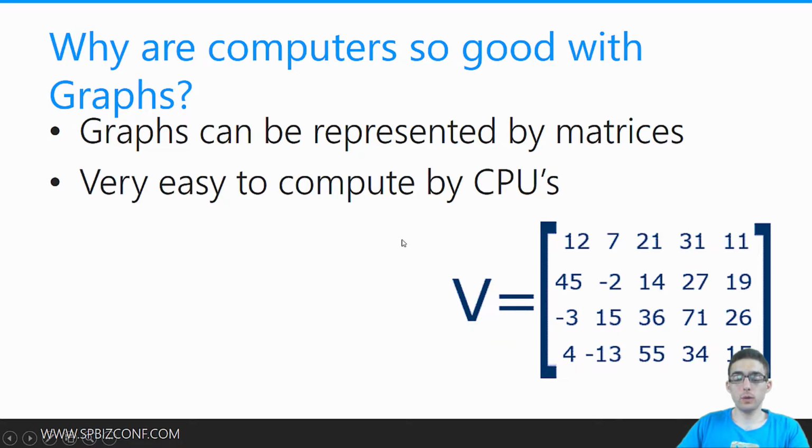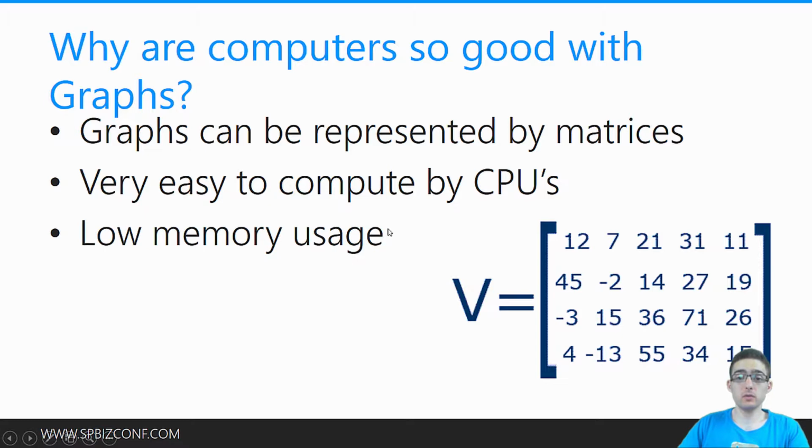When they play with matrices, it's very easy to compute for CPUs and computers in general, and that doesn't take a lot of memory to process, because that's only large sets of numbers, and that's it. And that's very lightweight, that's very easy for computers to do, and that's the reason why they are so good at playing with matrices, and therefore with graphs and stuff like that, which is way more complicated when you have complicated requests for RDBMSs or other database management systems.